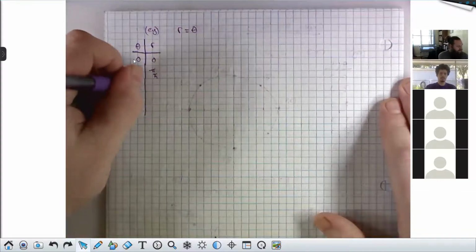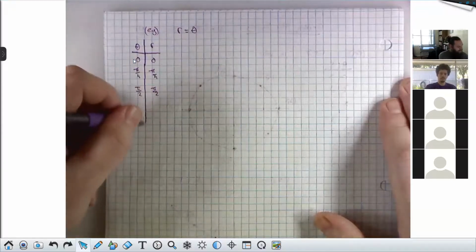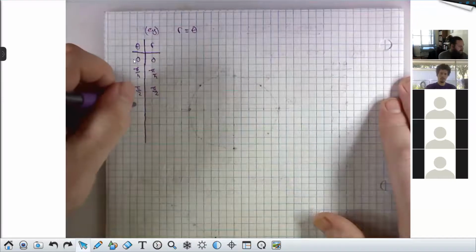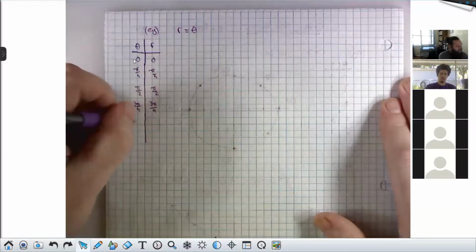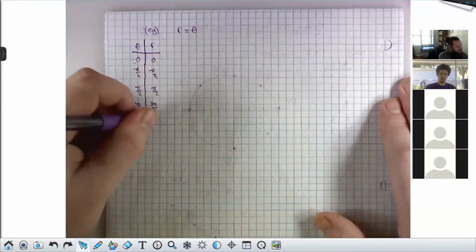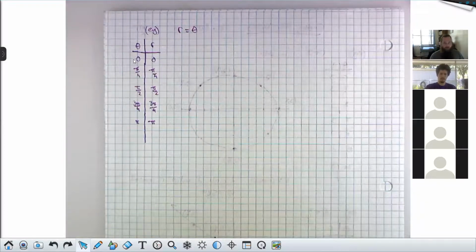If theta is pi/2, r is pi/2. You get the idea. If theta is 3pi/4, r is 3pi/4. If theta is pi, r is pi. This is sort of the equivalent of y equals x, but in polar coordinates. Y equals x in Cartesian coordinates is a line, but this is not going to be a straight line.